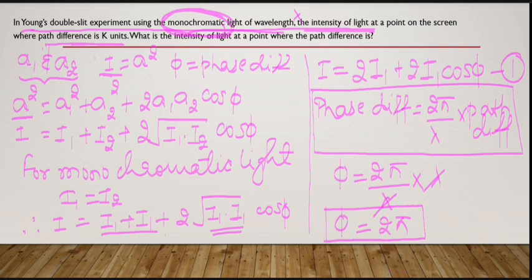And in equation 1, we have cos phi, students, and cos 2 pi is equal to 1. Clear? So let's put this in equation 1. So we have I is equal to twice of I1 plus twice of I1 multiplied by 1, which can be written as 4 times I1.